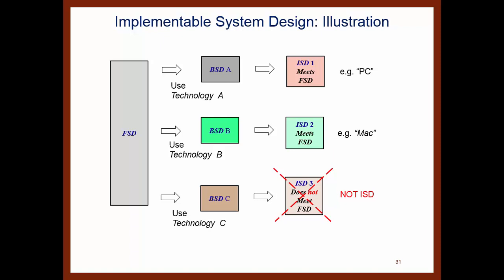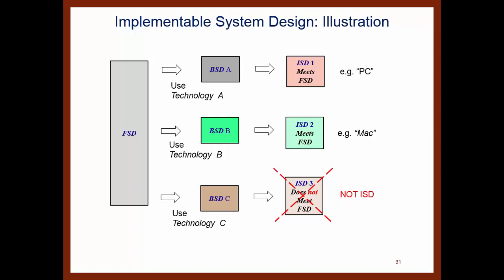However, when we look at the implementable system design, there might be two of them that are capable of implementing this with technology, so meeting the requirements or the performance required by the input-output design. So those are implementable system designs that we can compare and move forward. If this one is not capable of meeting those, then it is discarded.